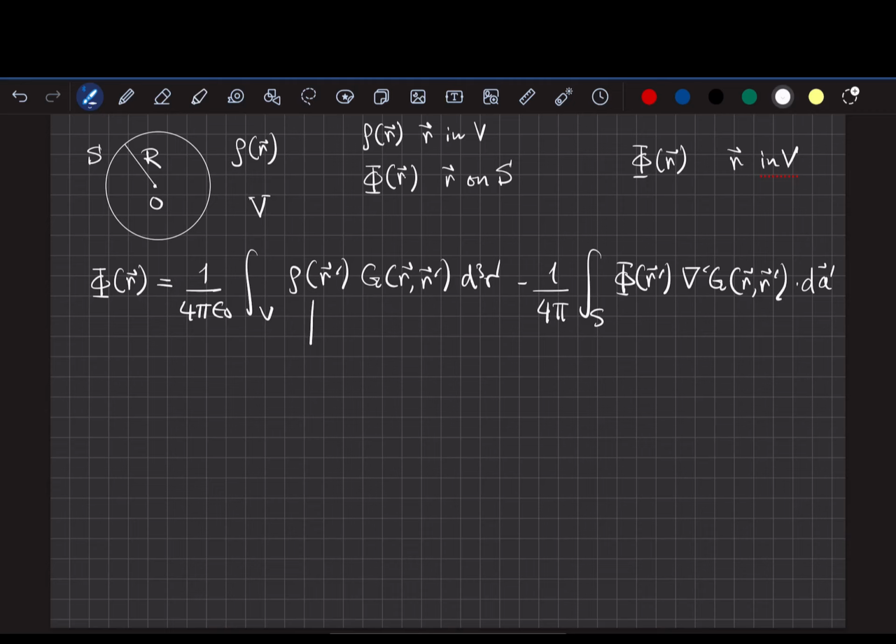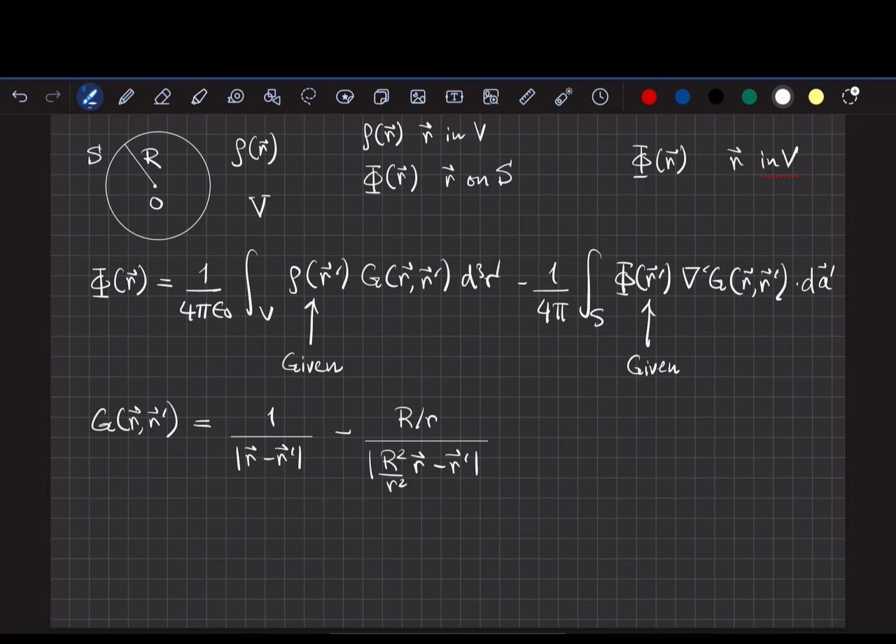We know this from the problem. This is given to us. This is our boundary condition, also given to us. And now we also know our Green's function. This is our Green's function, and we can also find the gradient of our Green's function.